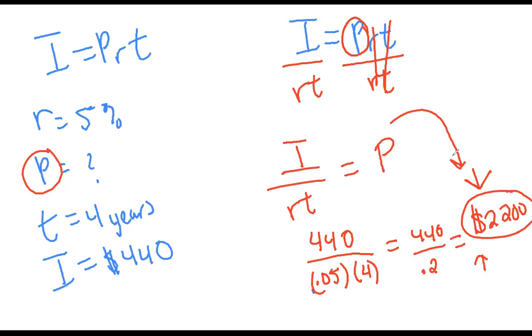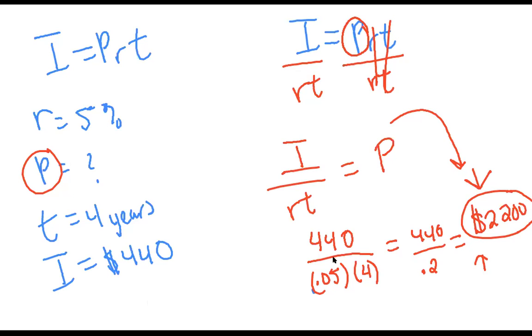I'm not getting something right here. 440 divided by 20. Divided not by 20, by 0.2. Right? So make sure you're doing it step by step.